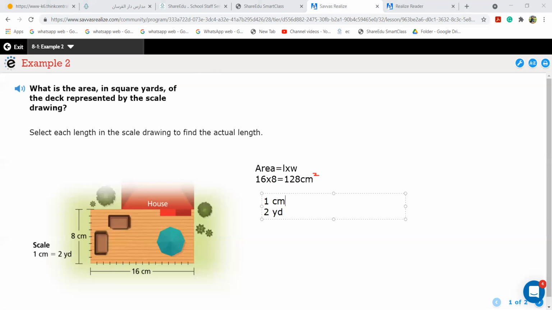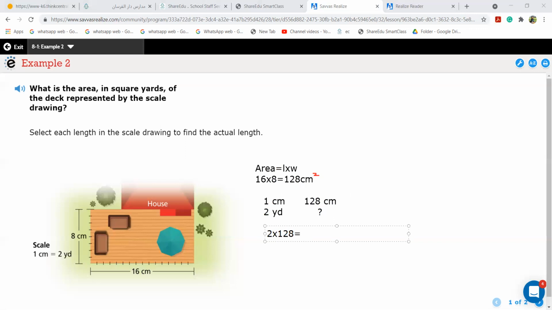So 128 cm will be how much? Simple. You need to multiply. Again, girls, proportionality. 1 centimeter is 2 yards. 128 centimeter is how much?